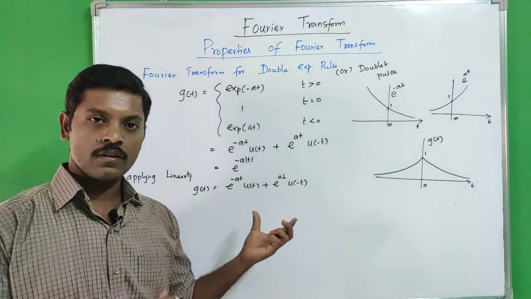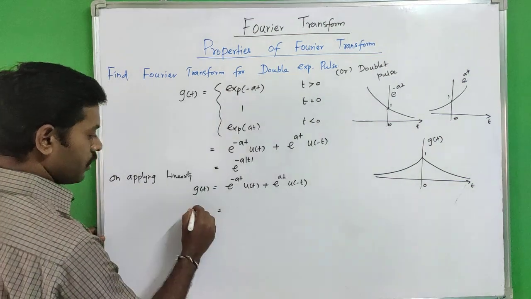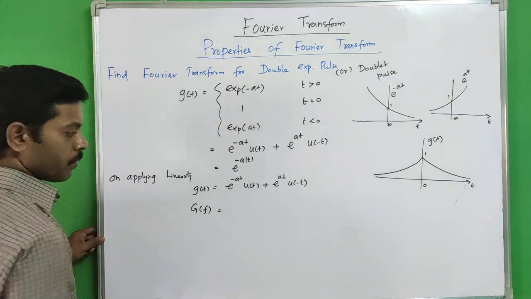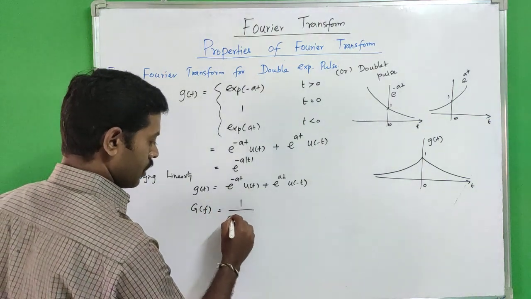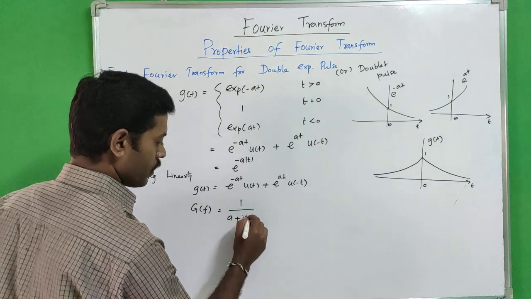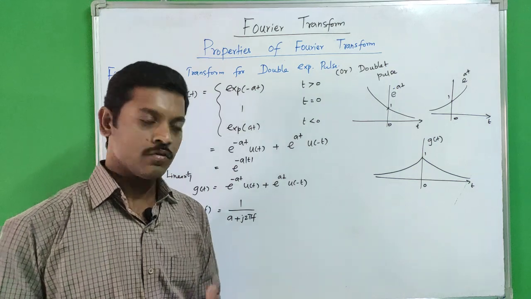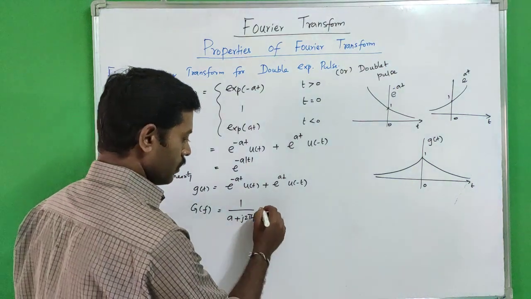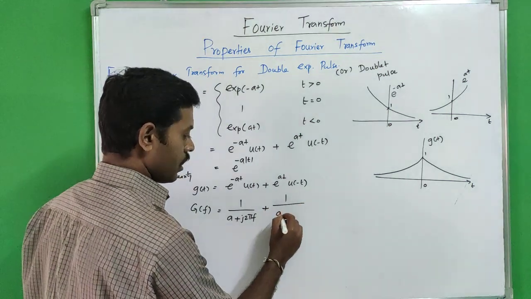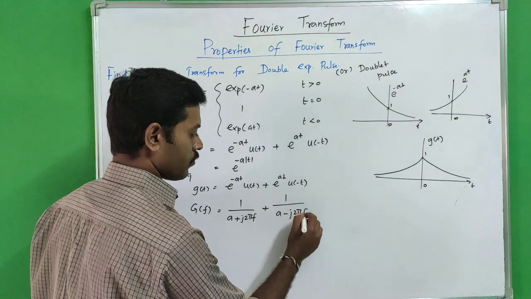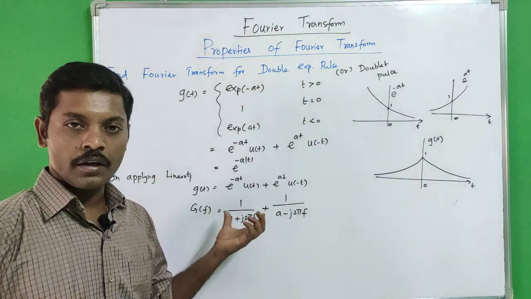So I am using that result here. On applying linearity, g of t becomes G of f. The Fourier transform for the decaying pulse is 1 divided by a plus j 2 pi f. You can see my previous video to find this result. Similarly for the rising pulse, 1 divided by a minus j 2 pi f. So it is very easy to find the Fourier transform by applying the linearity property.